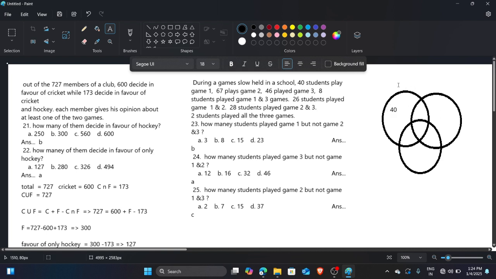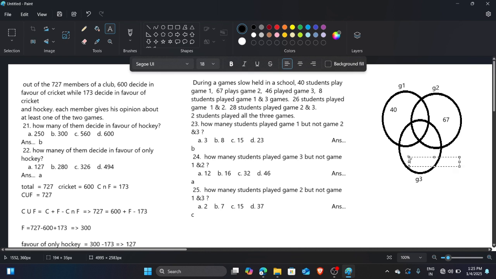Here I write G1, here I write G2, and here I write G3. Okay, so 40 students. Now 67 play game 2, so here I write 67. Now this 46 plays game 3.